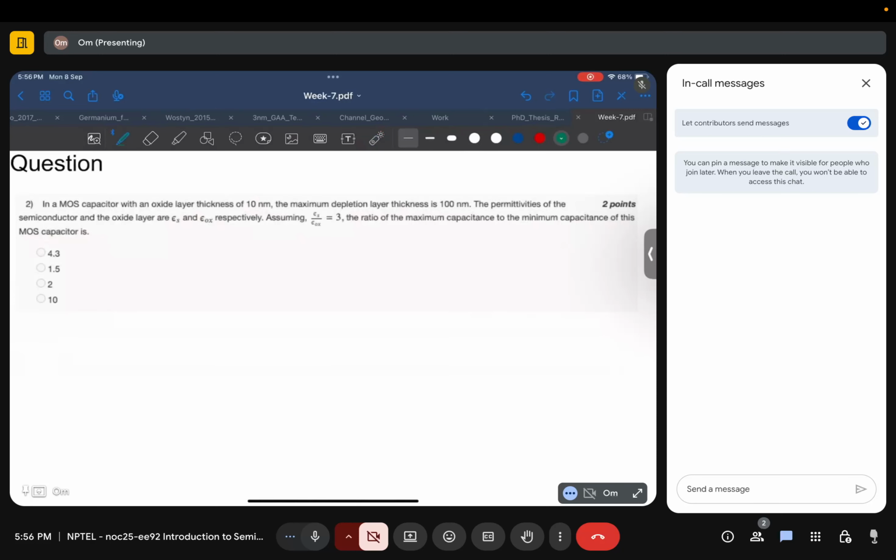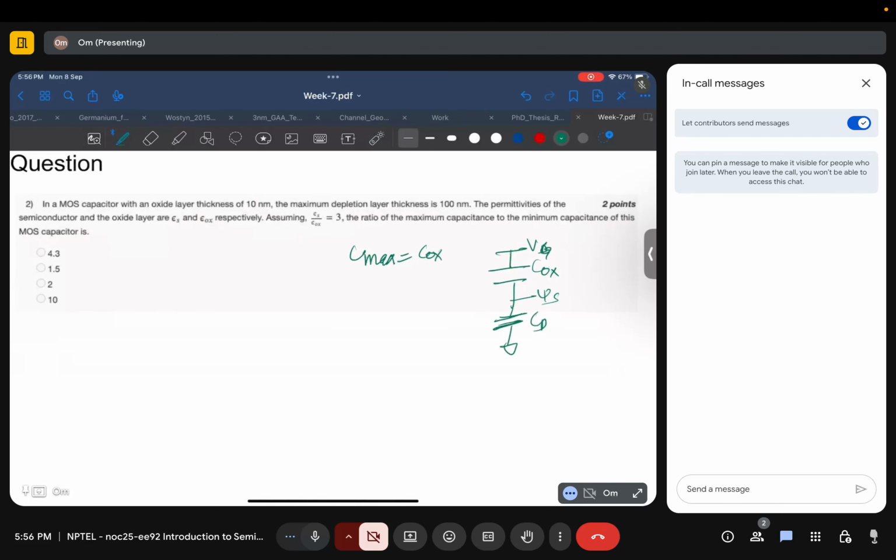Okay, so if you remember one model, with this CD and COX, capacitance will be maximum only when we have COX, right?